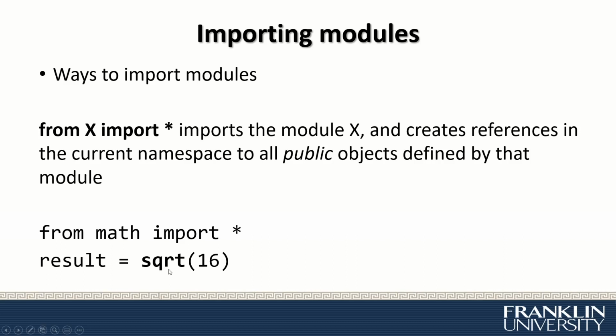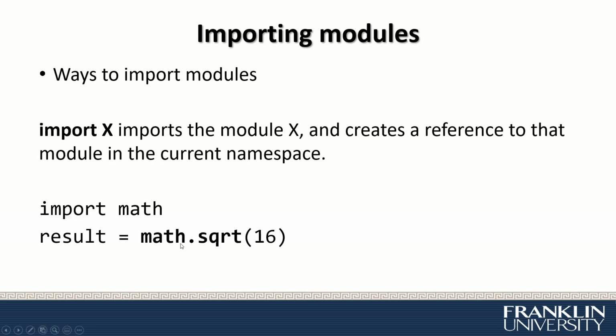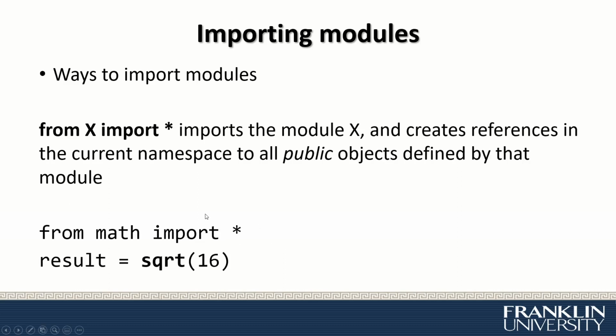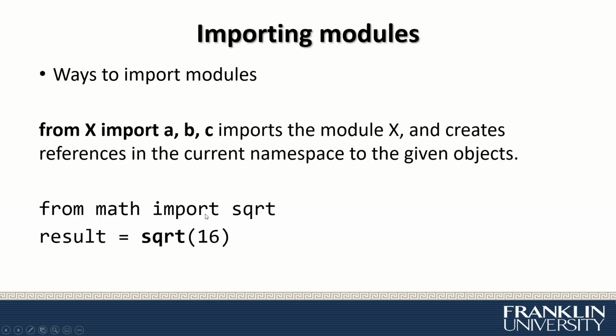But if you do import math, and as you can see, I have math.sqrt to use the square root, you can define your own square root function called sqrt, and it's perfectly okay. I typically use this importing method, but sometimes if you only want to import a particular method or function, this might be a way to go. If you only want square root from the math module, then do this.